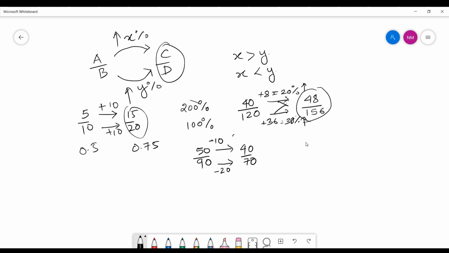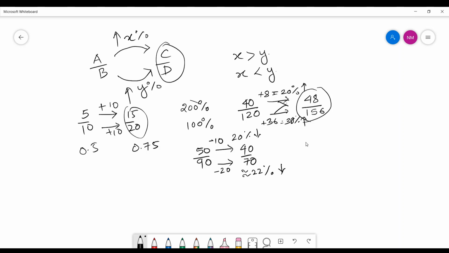So this is again a 20% decrease, and this is more than a 20% decrease, right? Because 20% is 18 and it decreased by 20, so it is around 22% decrease. So I see that the decrease in the denominator is more rapid than in the numerator.